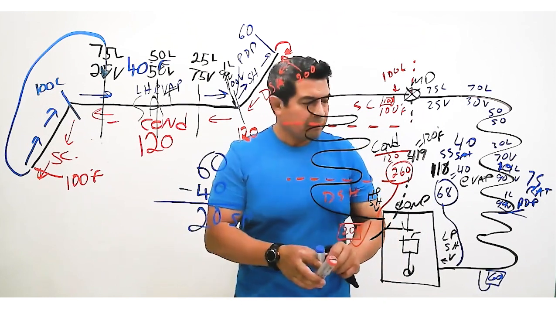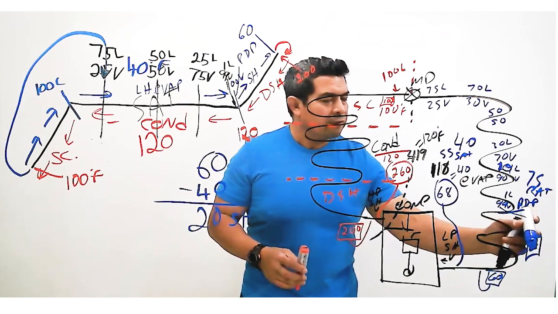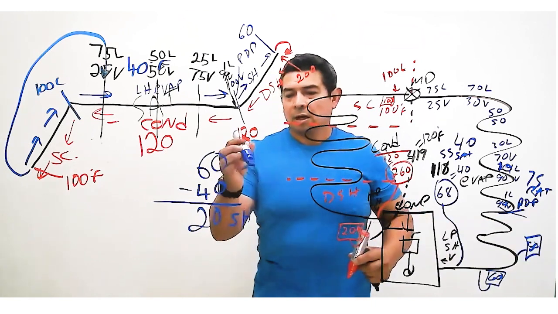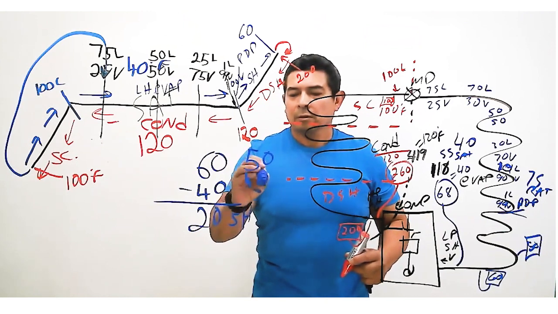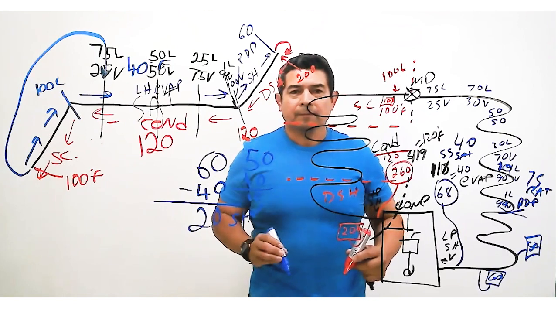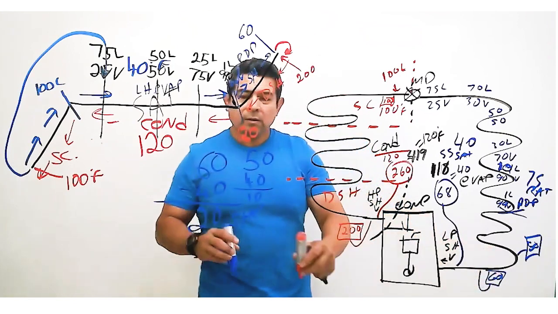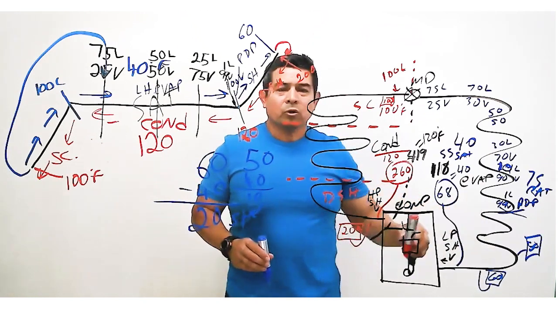If I was to take my temperature reading over here someplace, then I would read 50. In other words, I would have 50 minus 40, and I would end up with 10 degrees of superheat. If I took it further down, that temperature would be higher. So now we're adding more and more superheat.